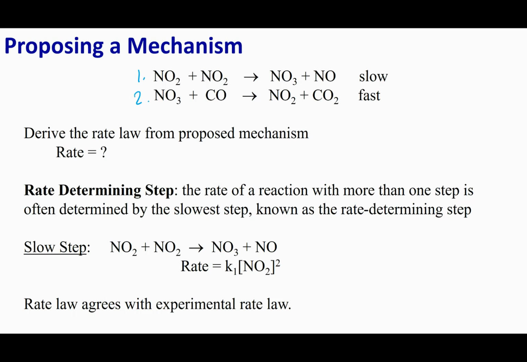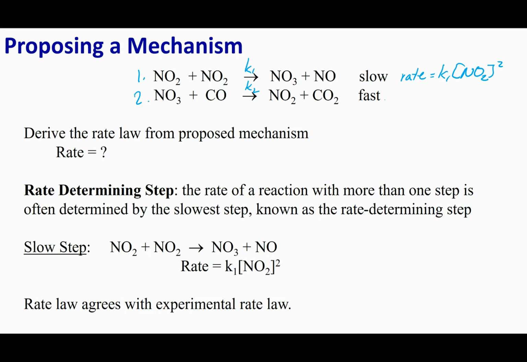Now, I'm going to say that each one of these has a rate constant, K1 and K2, for each of these reactions. And remember, these are elementary steps, so that means I can write the rate law based on its molecularity. So for reaction 1, the rate equals K1, and I have two NO2s coming together, so that's going to be NO2 squared.